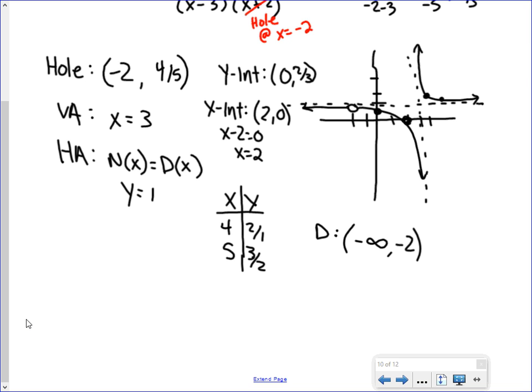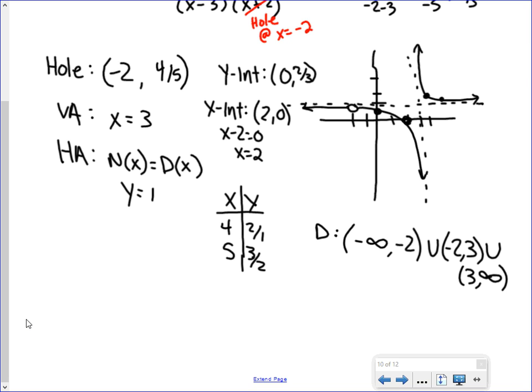Negative 2, in union with, I'll pick up at negative 2, and then I can go all the way to 3. But that's a vertical asymptote, and there is no graph at 3. And then I gotta go from 3 to infinity. So when you have a hole and an asymptote, you're going to have 3 separate intervals.